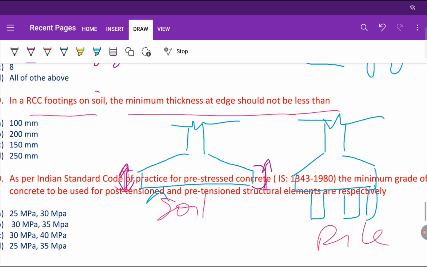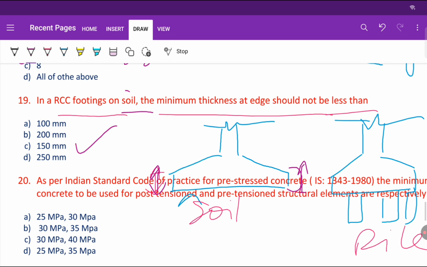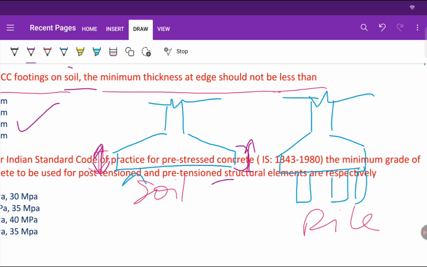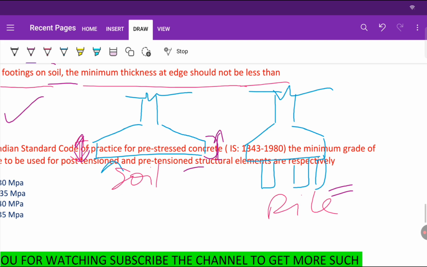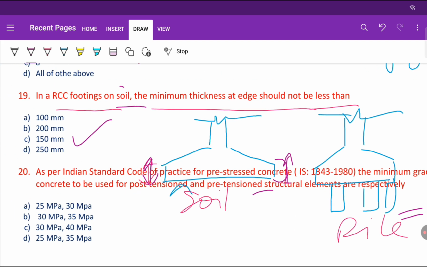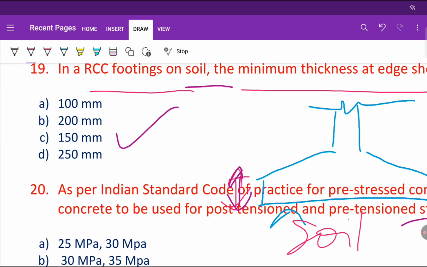So the minimum edge thickness for a footing resting on soil is 150 mm. But if it is resting on piles, then the value will be different, that is 300 mm.